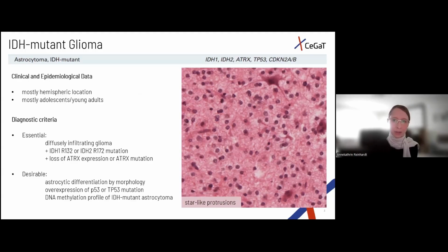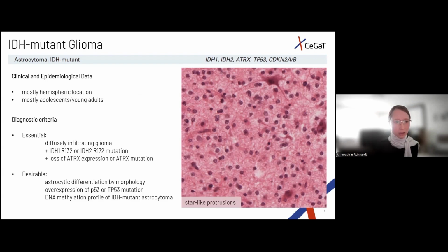As you already have heard in the first presentation, there are two different subtypes, the astrocytoma IDH mutant and the oligodendroglioma IDH mutant, and I will start with astrocytoma. Astrocytoma is mostly located in the cerebral hemispheres, and mostly adolescents or young adults are affected.